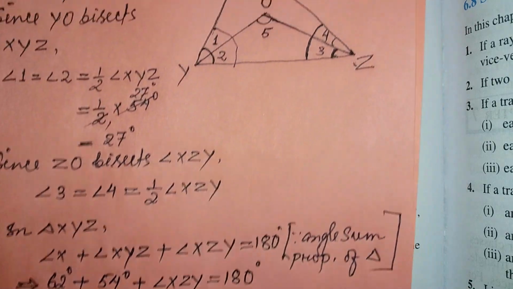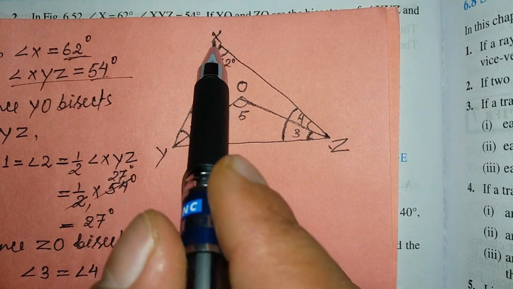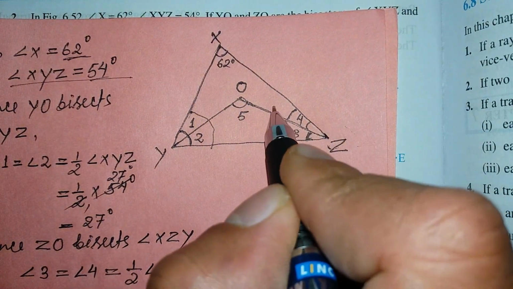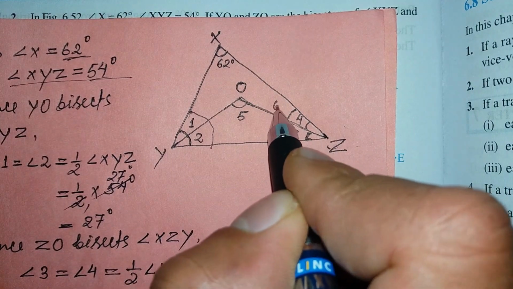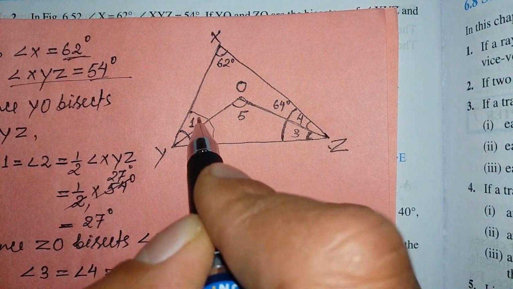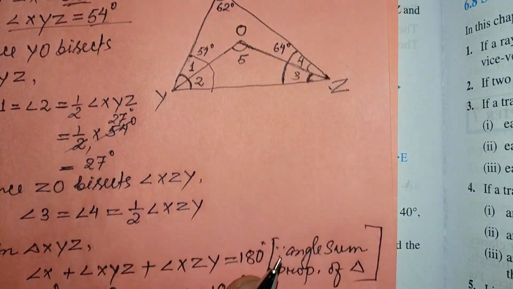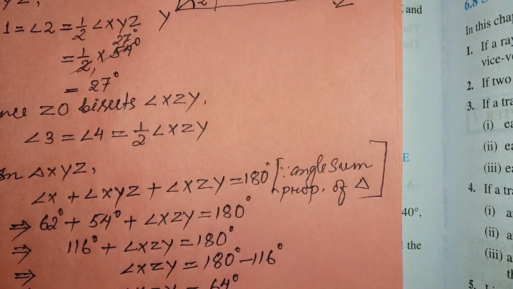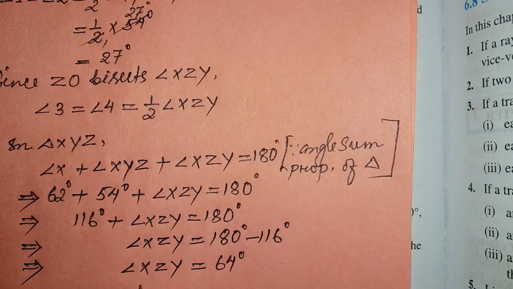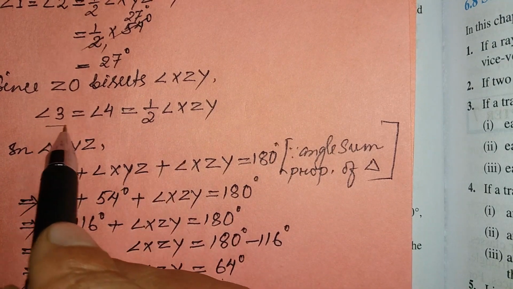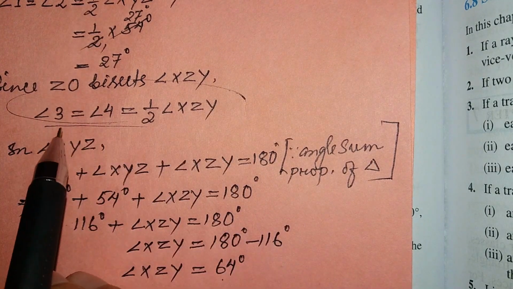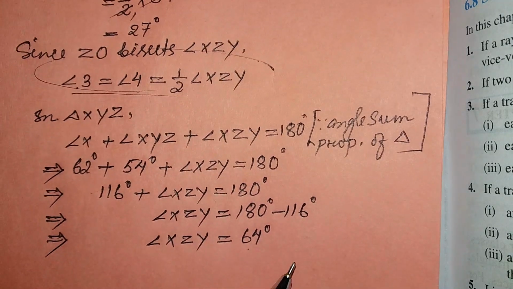So now we have this big angle XZY as 64 degrees.